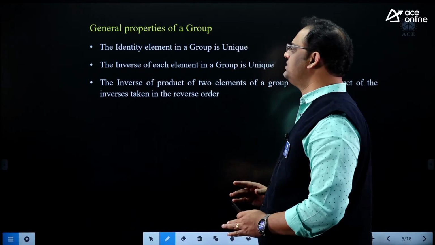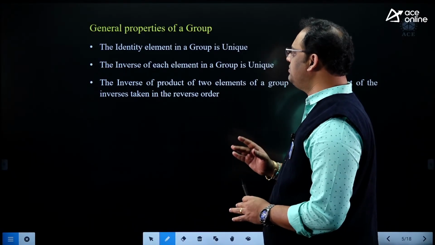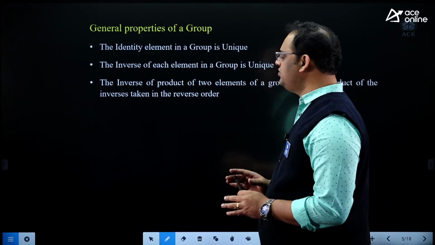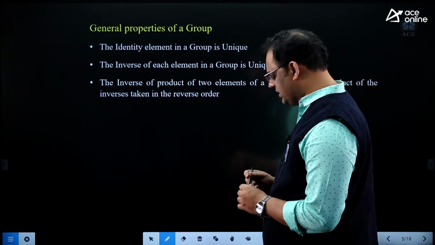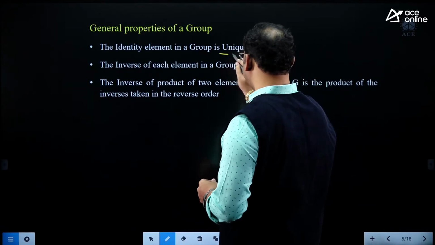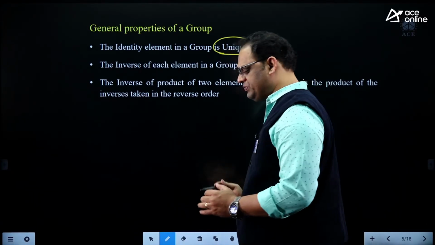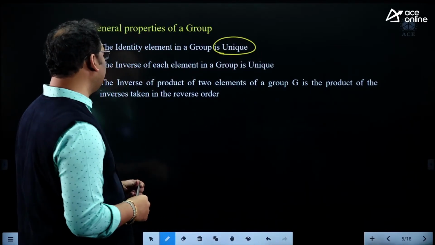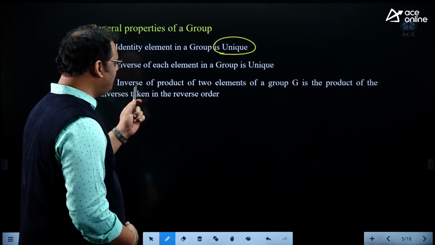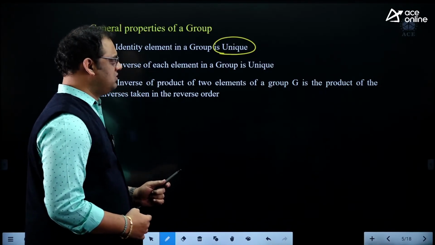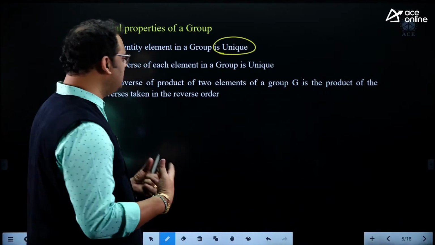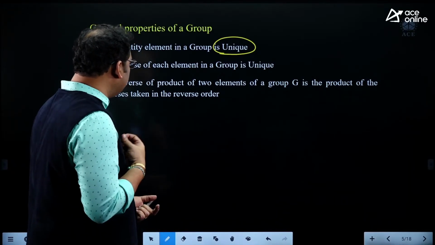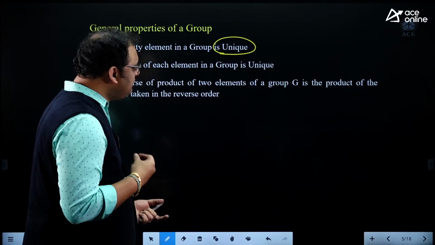The first property, or you can take it as the statement of the first theorem, is that the identity element in a group is unique. The second theorem is this: the inverse of each element in a group is unique. In a group we have many elements, and if I find the inverse of any element, that inverse is unique.